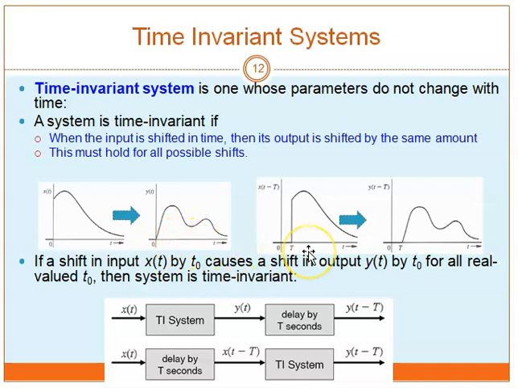The second diagram shows x(t minus T), where T is the period, so it starts at this point. The output will also be shifted by the same amount. It will also start at T.